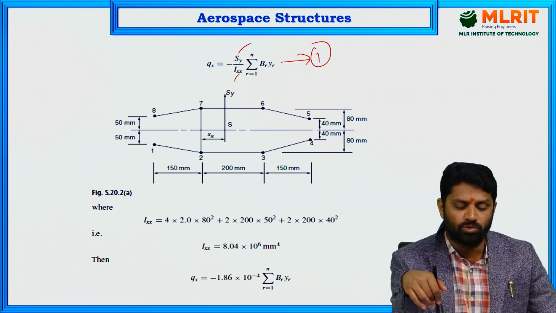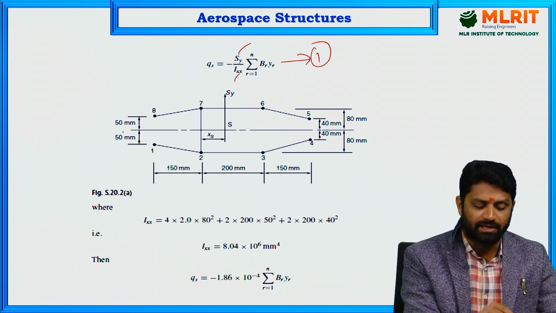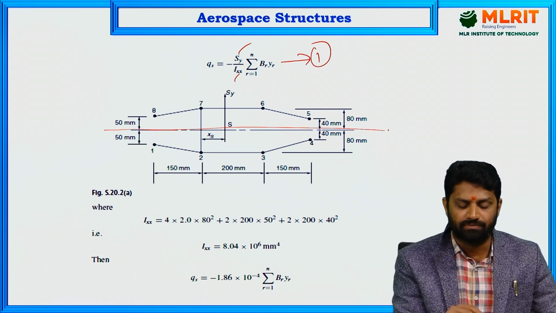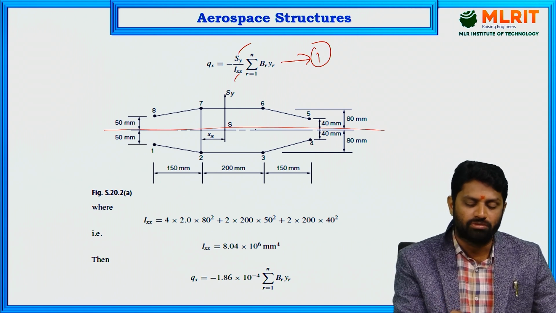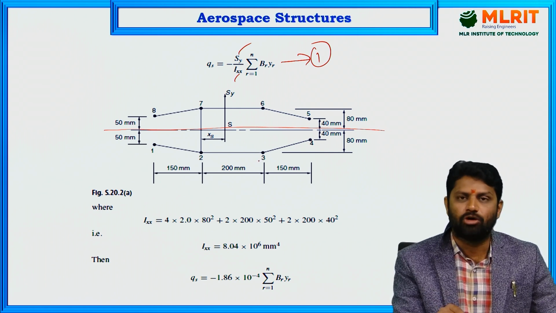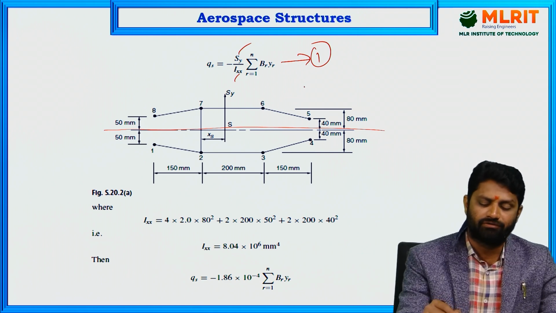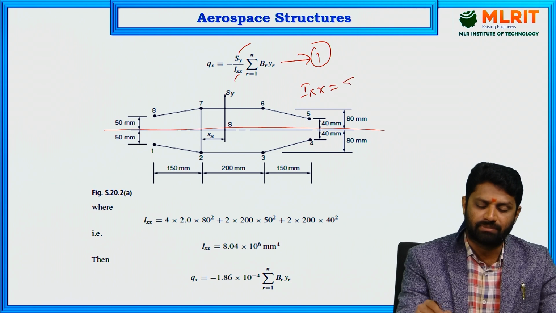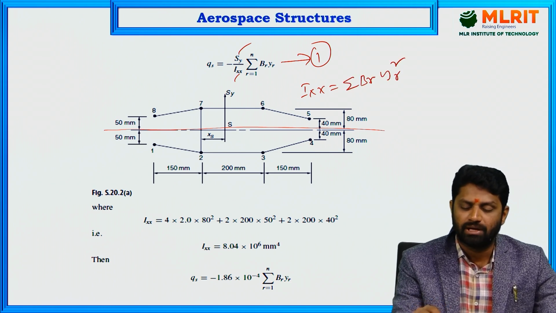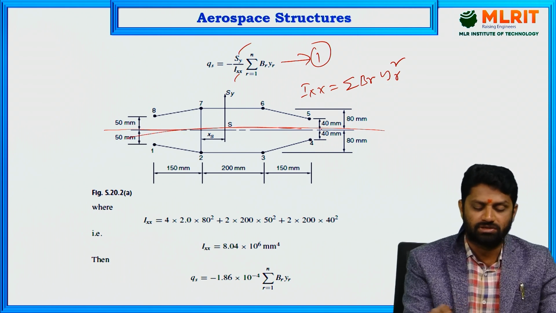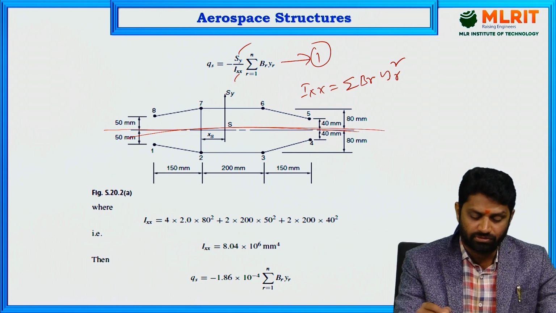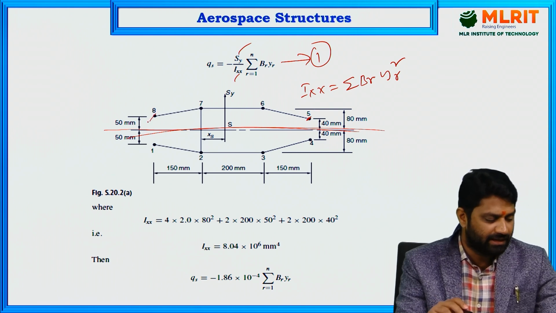Since there are 8 booms and all are symmetrical about this horizontal axis of symmetry, the 4 booms above are symmetrical to the 4 booms below. You know the formula for moment of inertia: Ixx equals summation of Br Yr square, that is, the boom area of the respective boom and its y distance from the centroidal axis. Since this is a horizontal centroidal axis, first look at corner booms 5 and 8, which have the same area.